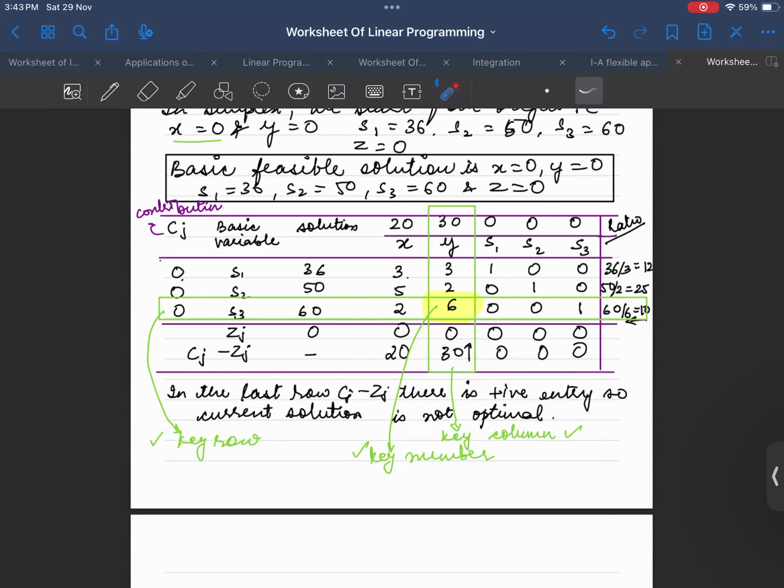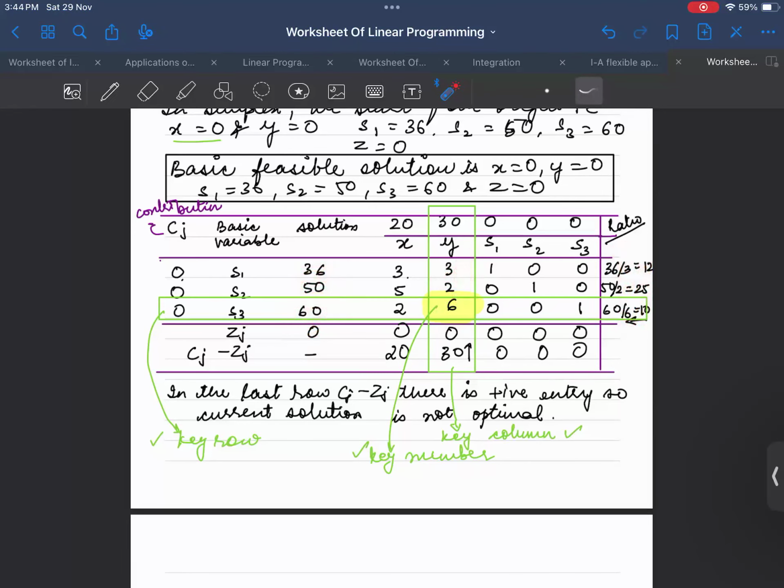Now, if this would be the entering variable, which one would be the departing variable? Which variable do we remove so that we can write y in its place? For that we calculate the ratio. How do we do it? The solution divided by the key column. 36 divided by 3, you will get 12. 50 divided by 2 is 25. 60 divided by 6 is 10.